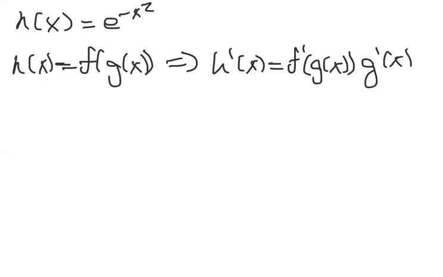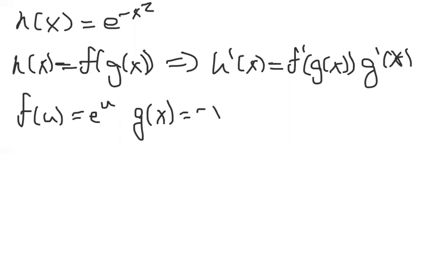And so usually the hardest part of solving these is figuring out what the actual functional composition is. In our case, let's take f of u and say f of u is equal to e to the u, and g of x is equal to negative x squared.